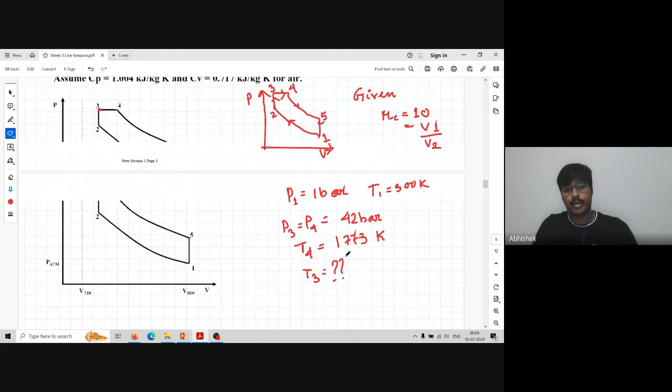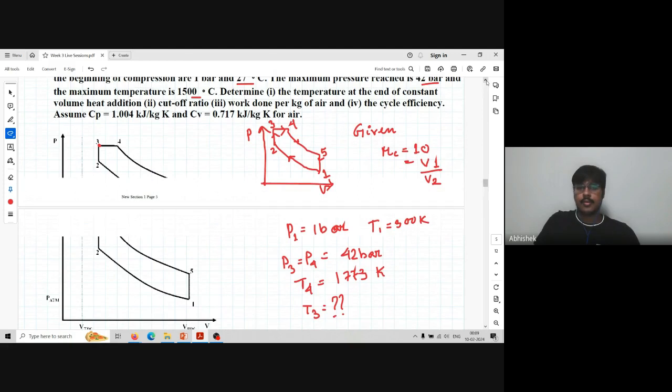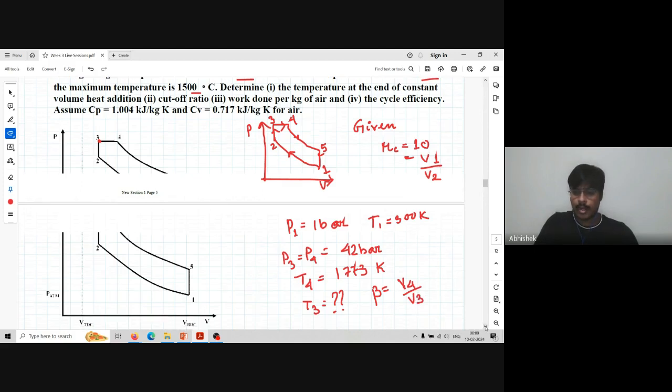Because T4 you know, right? Yes, sir. Then what are the other things? That is the cutoff ratio. What is the cutoff ratio? It is represented by beta, which is V4 by V3. This one we have to calculate. And what else? Work done. Then we have to calculate the cyclic efficiency.